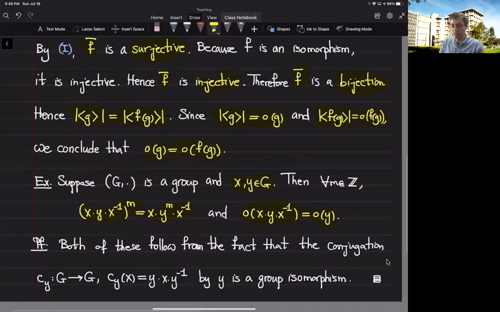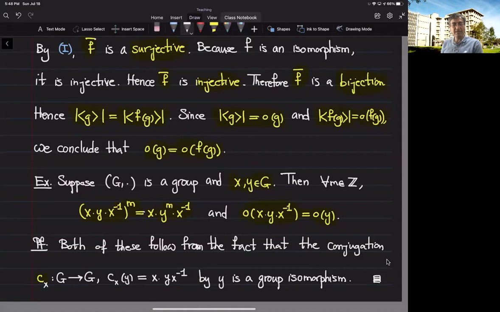We'll recall that conjugation by, why did I write y? So let's switch the order. I wanted to say conjugation by x. Let's recall that conjugation by x, I feed it y, and then we conjugate it by x, which means I'm sending y to x times y times x inverse.